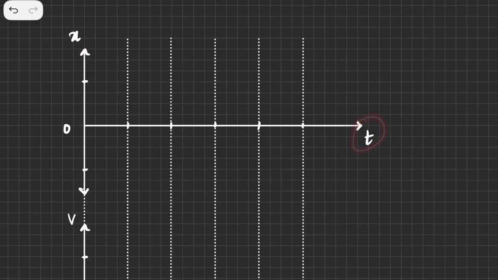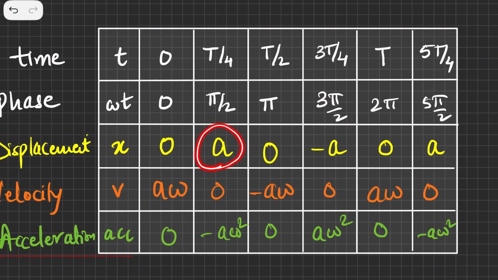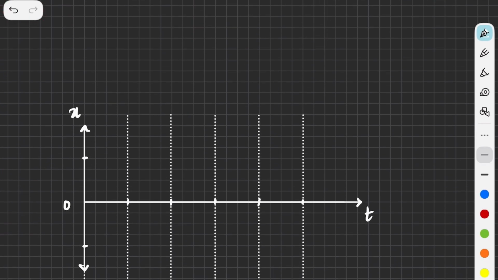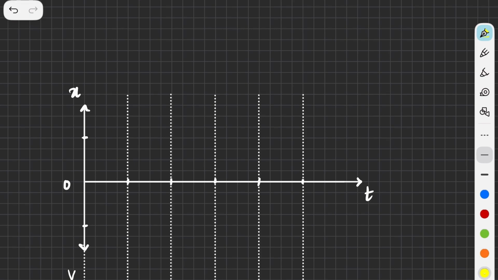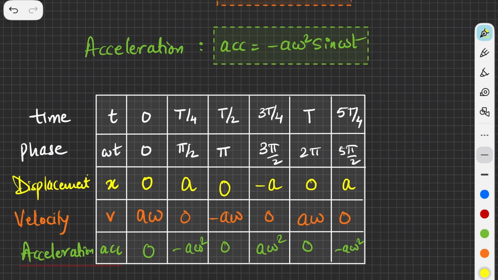This is your time axis, this is your displacement axis, and the center is 0. This is the origin. The displacement has a maximum value of plus a on the positive side and minus a on the negative side, so I can write a here and minus a here.